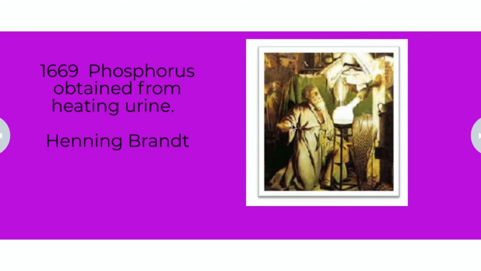Here he is, heating up the substance urine, of course, and he's getting phosphorus released, and phosphorus can glow. So he thought it was something really remarkable. He thought he had discovered some mystical element like quintessence because of this glowing phosphorus. But you see, 1669, thousands of years later than, for instance, copper was known.